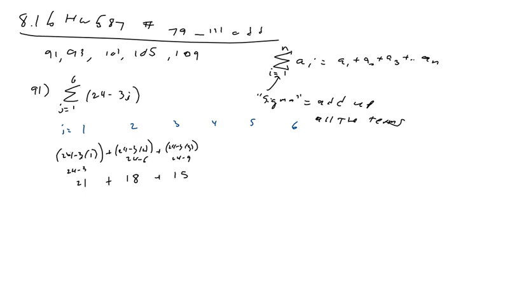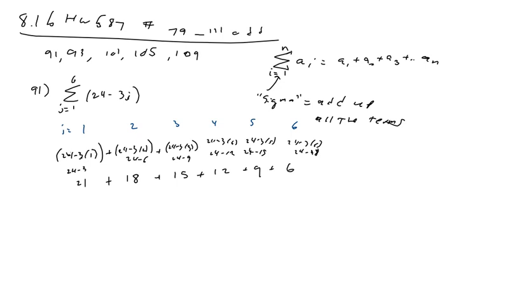And I keep going. 24 minus 3 times 4 is 12. 24 minus 12 is going to be 12. And then 24 minus 3 times 5 is 15. 24 minus 15 is going to be 9. 24 minus 3 times 6. 3 times 6 is 18. So 24 minus 18 is going to be 6.